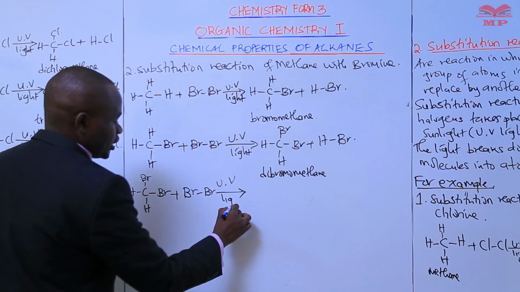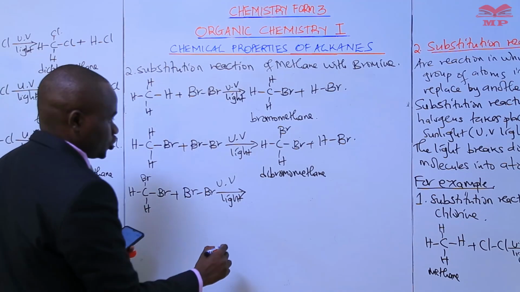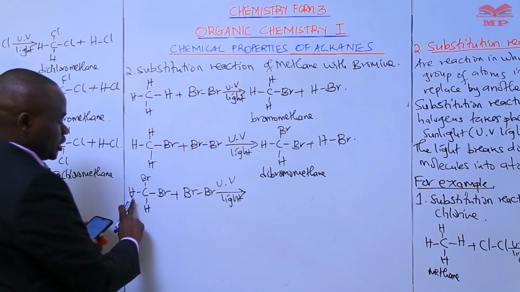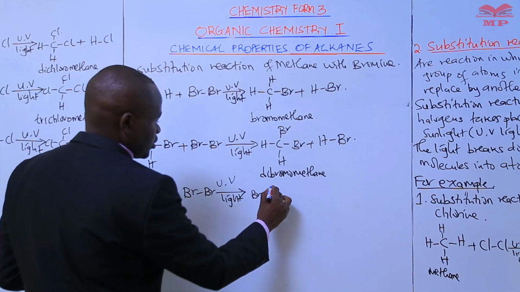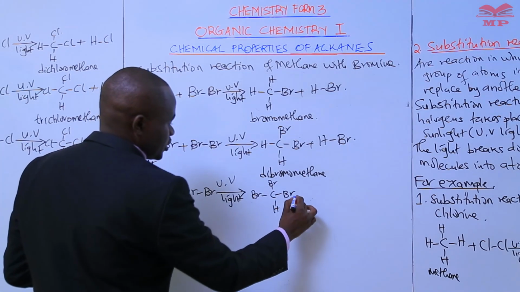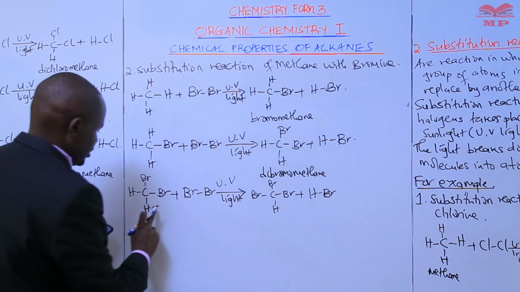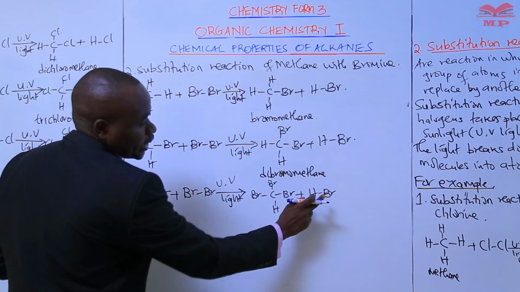Remember, we have said the main purpose of the light is to break down the molecule into atoms. The other hydrogen will be replaced. So we are going to have Br, carbon, bromine, and 1 hydrogen plus the other product, HBr. This hydrogen will combine with the remaining bromine to give you hydrogen bromide.